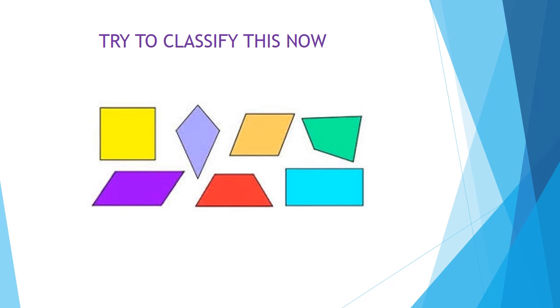So you could say that this is an irregular quadrilateral because none of the sides are equal, and obviously none of the angles are equal either, but it's a non-regular quadrilateral. Then the purple one is also a parallelogram. Then the red one is a trapezium. Then the last one is a rectangle.